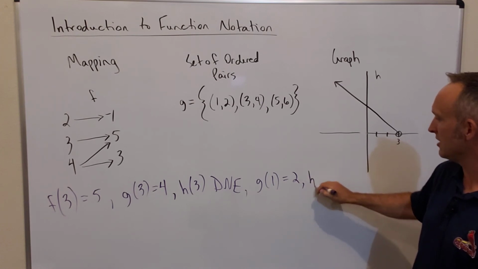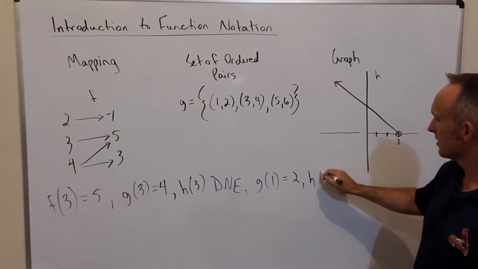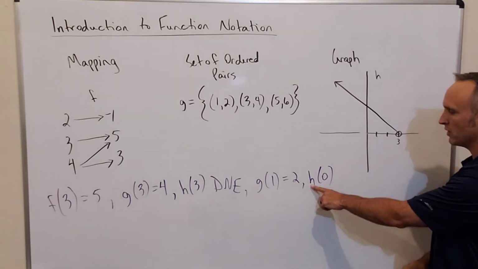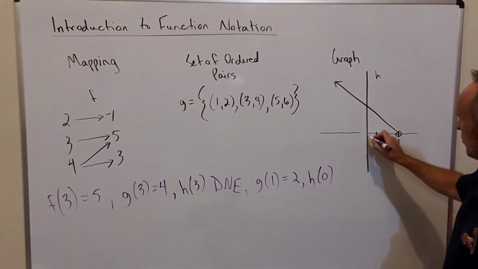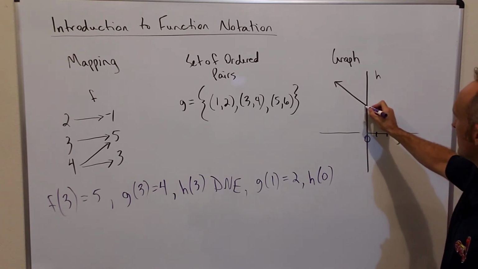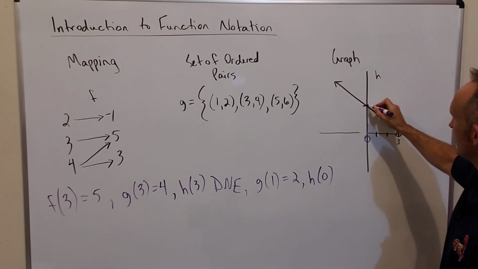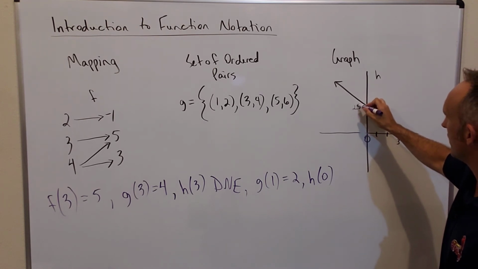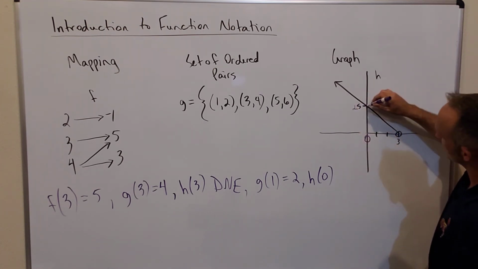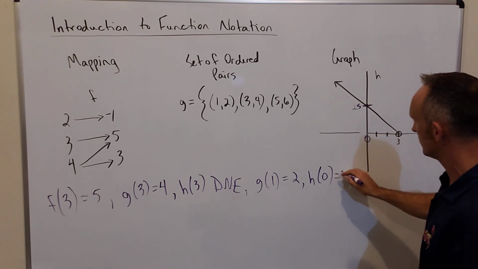Let's say we have h of 0, meaning the output of the h function when x is 0. Well, x is 0 right there. And let's just say that this y value is 2.5. So whenever I'm looking at 0, the output of this function is the y value 2.5.